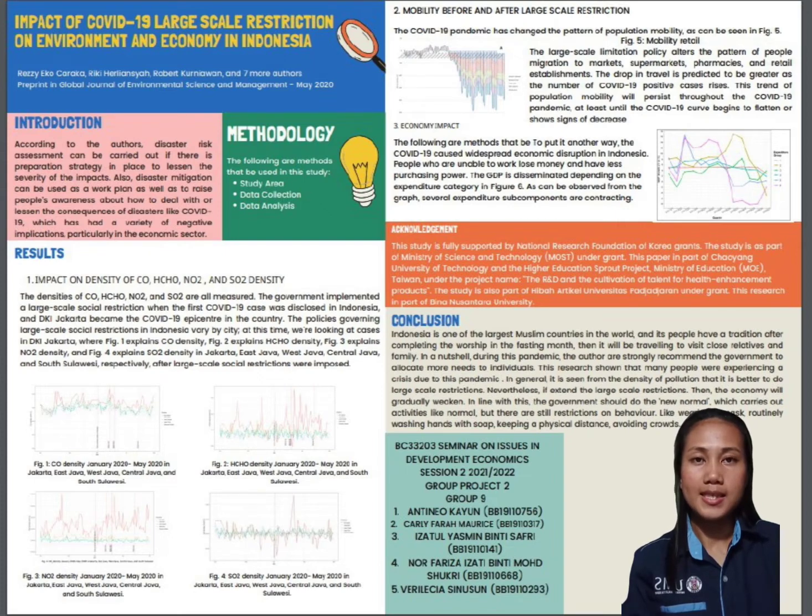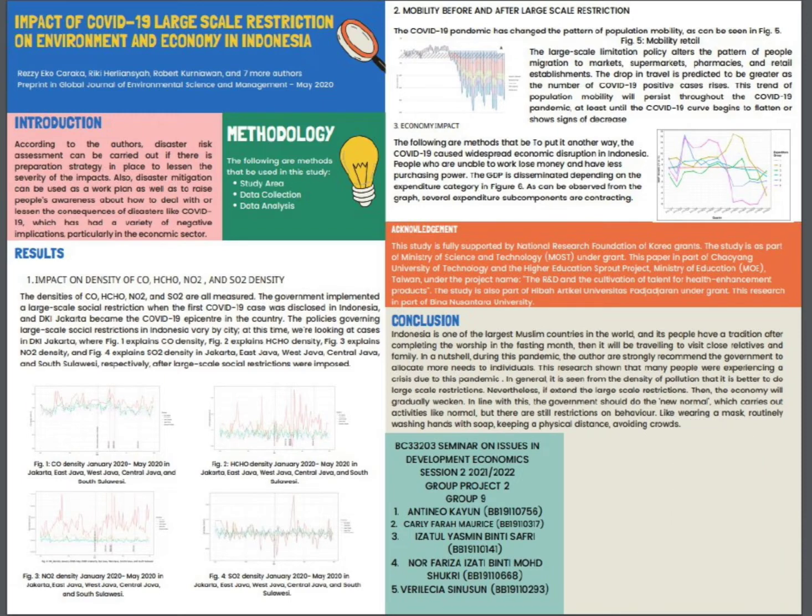The GDP is distributed depending on the expenditure category in Figure 6, as can be observed from the graph. Several expenditure subcomponents are conflicting. That's all from me. We move to the next presenter.